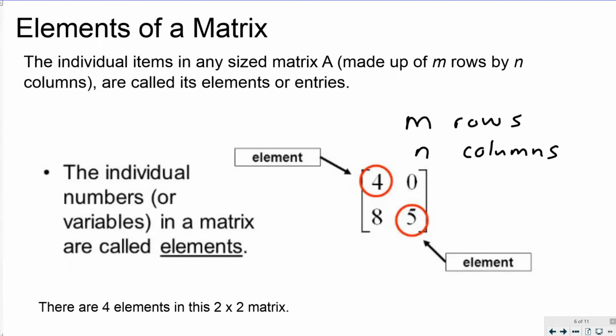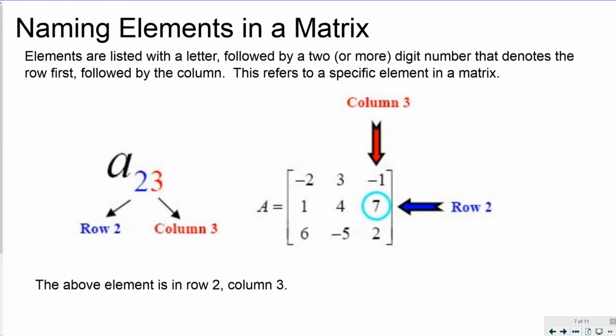If I want to name the elements of a matrix, I am going to list the matrix that I am referring to by a letter, and then I am going to use 2 digits in what's called subscript. So I'm going to write that out for you.